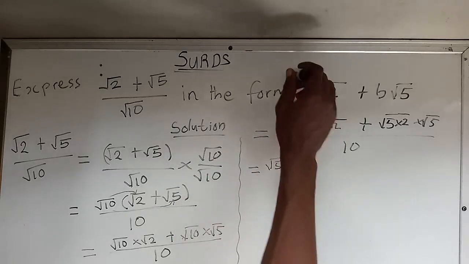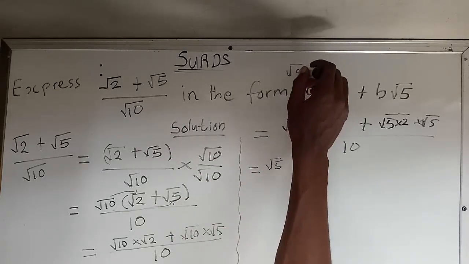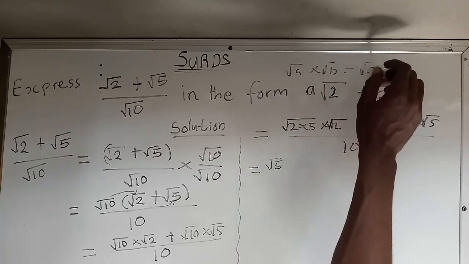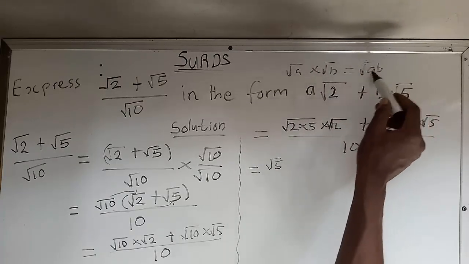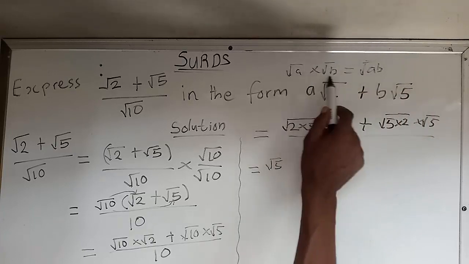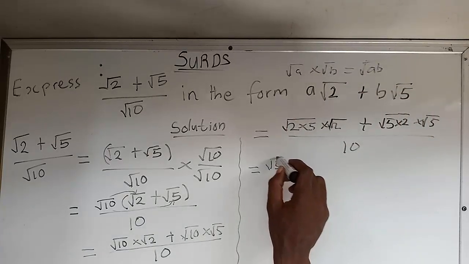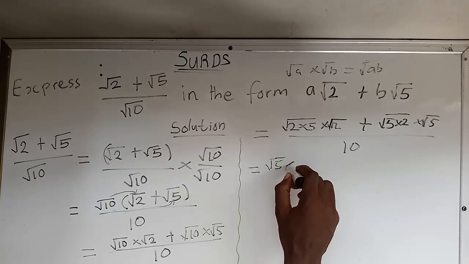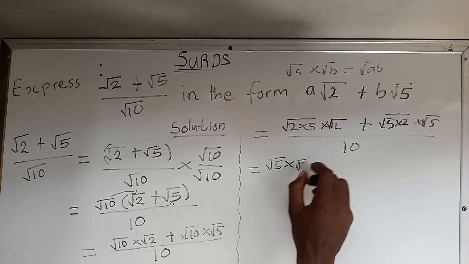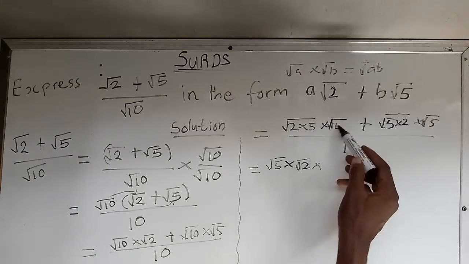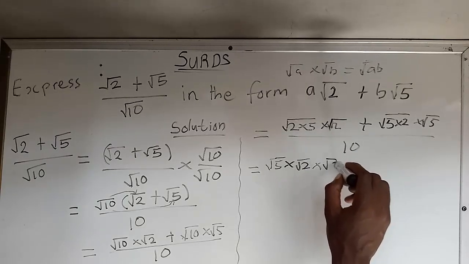We are going back. It's like we have root A times root B is equal to root AB. So it was like this. Now I want to write it like this. So root 2 times root 5. Root 2 times 5 will give us root 5 times root 2. Multiplication is commutative. Then times this root 2 over here.